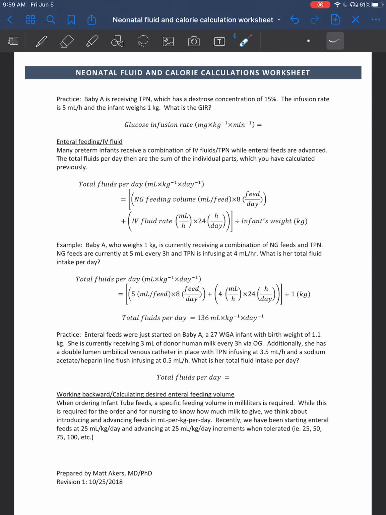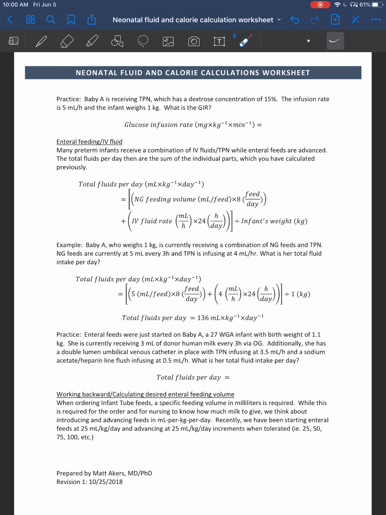The last part that we'll look at is how to work backwards to figure out the desired enteral feeding volume. When ordering infant tube feeds, a specific feeding volume in milliliters is required to go into the order entry area. While this is required for the order and for nursing to know how much milk they actually need to feed the baby, again, we think about introducing and advancing feeds in milliliters per kilogram per day.